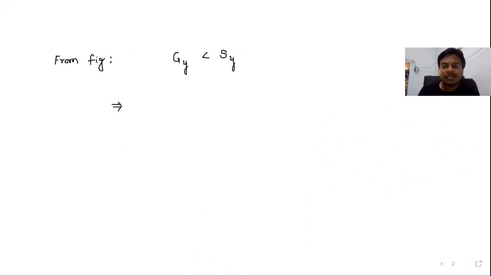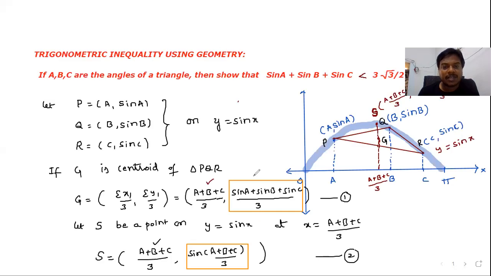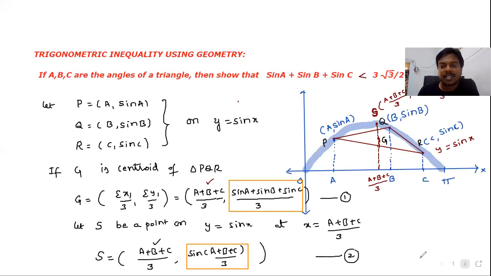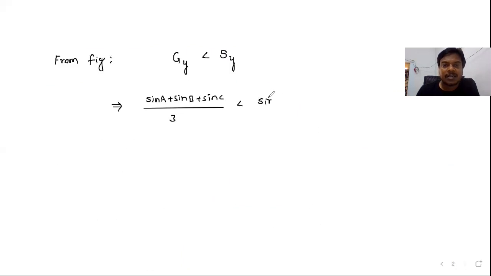Therefore, the y coordinate of G, that means sin A plus sin B plus sin C by 3, I am writing: (sin A plus sin B plus sin C) whole divided by 3 is less than the y coordinate of S, which is sine of (A plus B plus C) divided by 3.